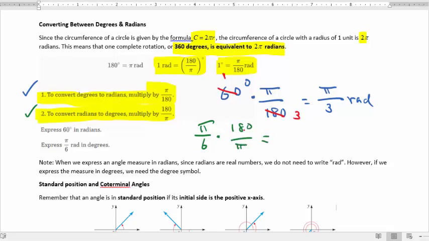Again, I can do cancellation here. 6 goes into 180 30 times, and the pi's cancel. So I would just have 30 degrees. So pi over 6 equals 30 degrees, and 60 degrees is pi over 3 radians. That's just using that conversion factor: multiply by pi over 180 or 180 over pi.